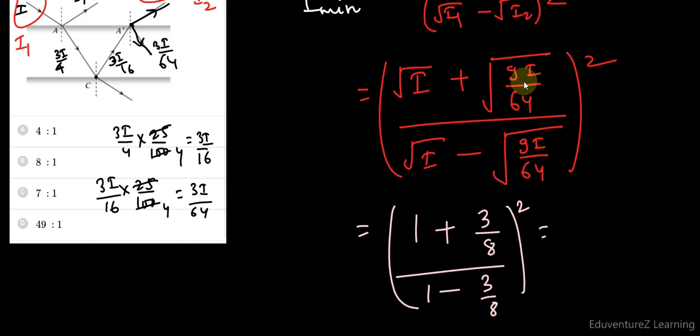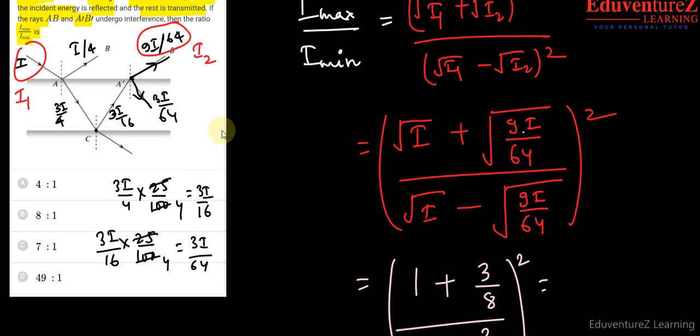We have taken the root of 9 as 3. So here this is 3I upon 64 and this one is 3I upon 16.